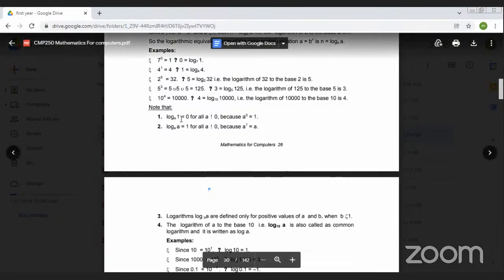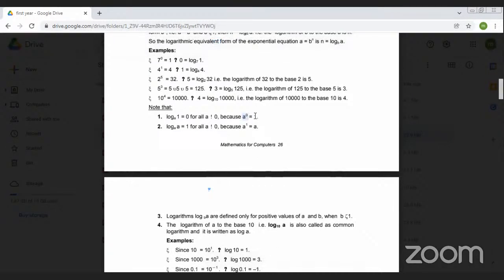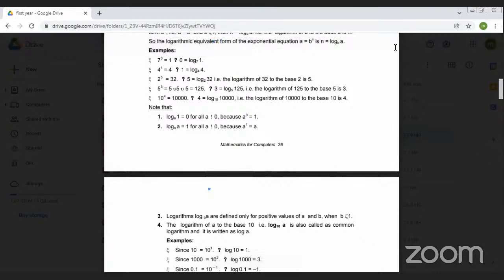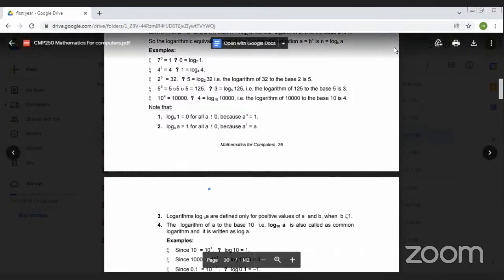See, if you are having a raised to 1, what is it? See, this sign is for equal to, I guess, because if you have the equal to sign, then only it will be log 1, and log 1 is 0.